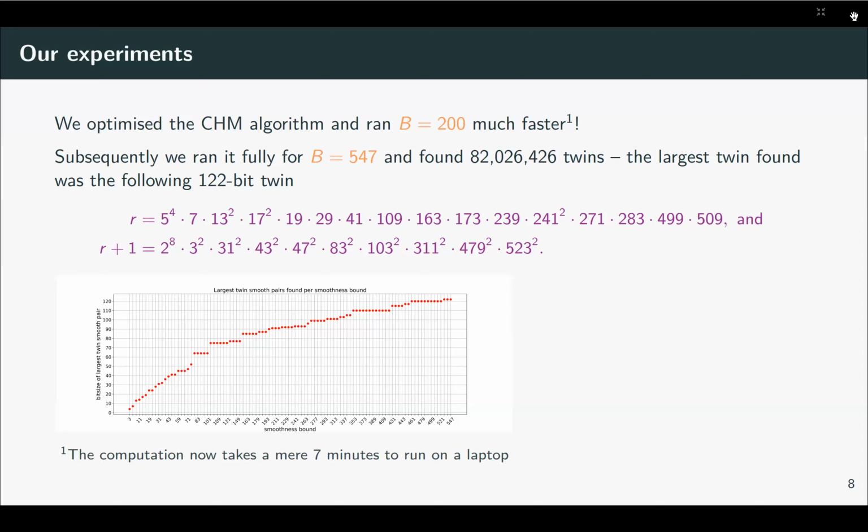Now, if we want cryptographic-sized twins, we need at least 256 bits. If we want to apply something like this to find 256-bit twins, we would have to run it for at least something like B equals 5,000. And that's just infeasible given the implementation that we have.